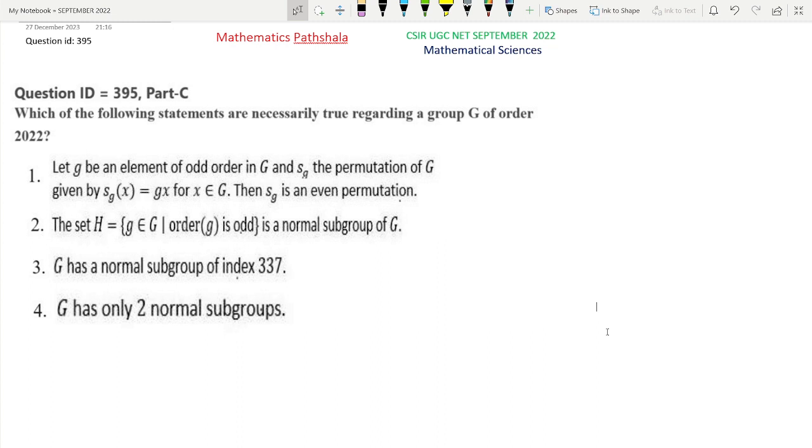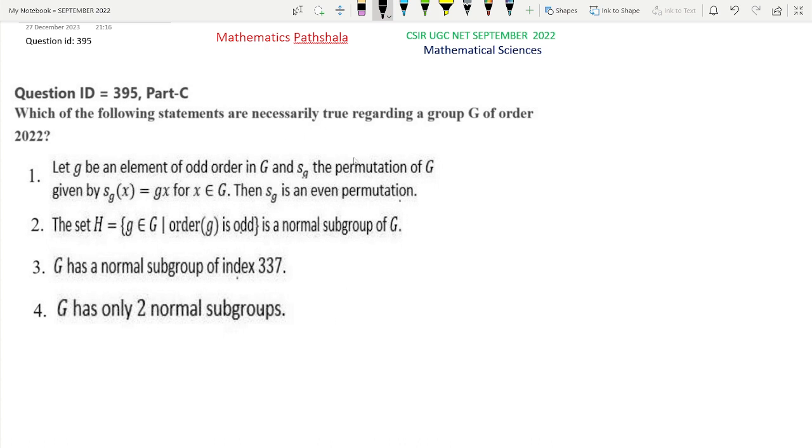So first, let us start to counter one by one which one is not true. So for this, first see option 4. It says that G has only two normal subgroups.